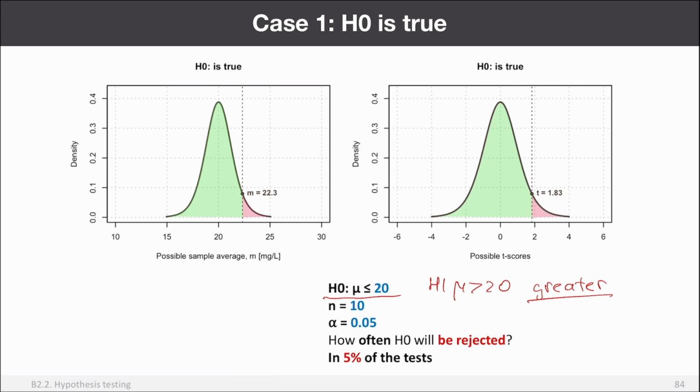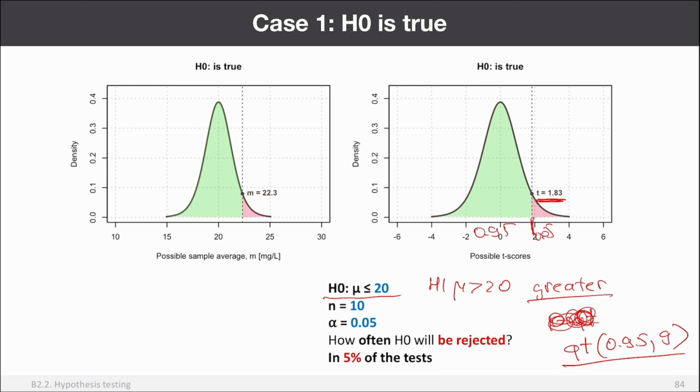So in this case, we will reject null hypothesis every time t-score will exceed a given threshold, right? And we can compute this threshold by using qt of 0.95 and 9 degrees of freedom, right? So that's exactly, you have 0.95 here, you have 0.05 here because your significance level is 5%, and that gives you 1.83.